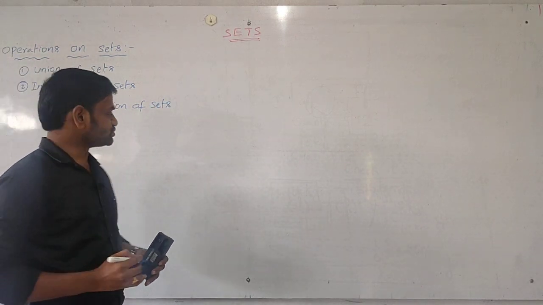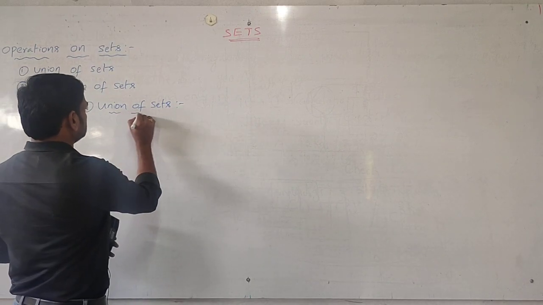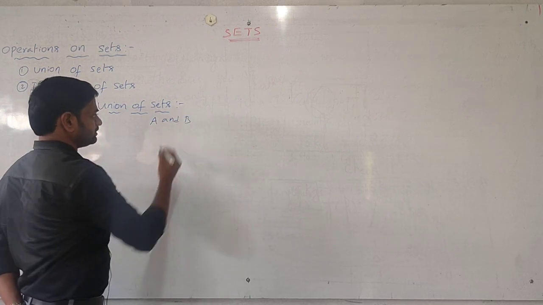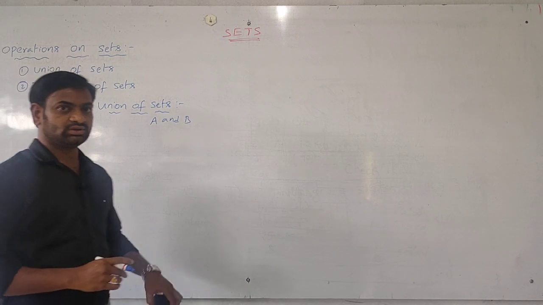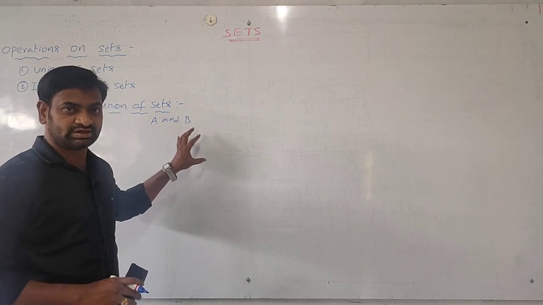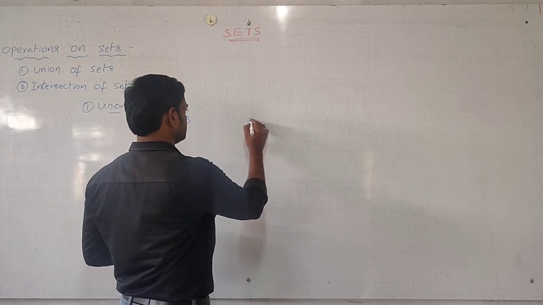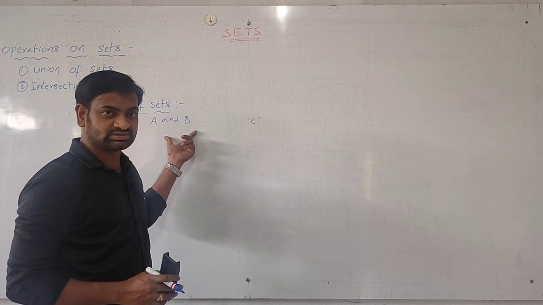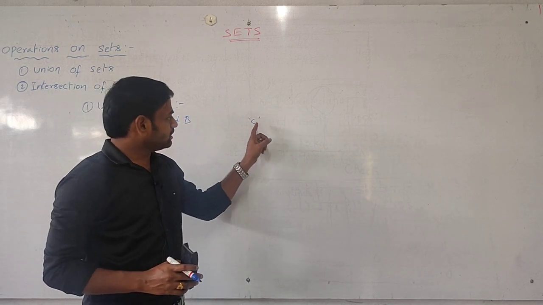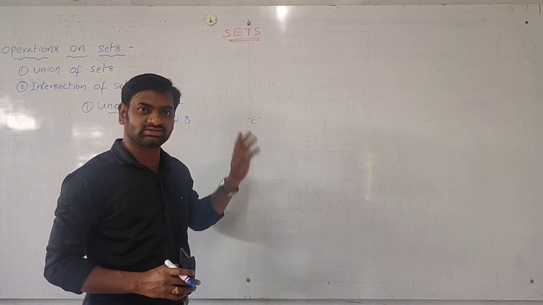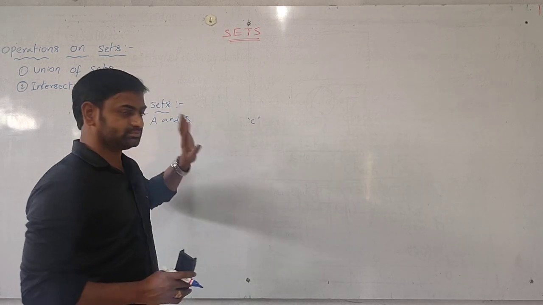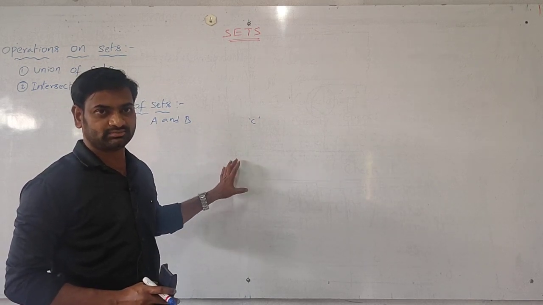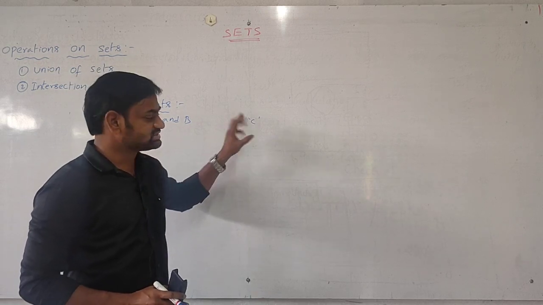Here I am taking two sets, capital A and B. The union of these two sets is another set C, which contains all the elements of A and all the elements of B. Both the elements are in C.